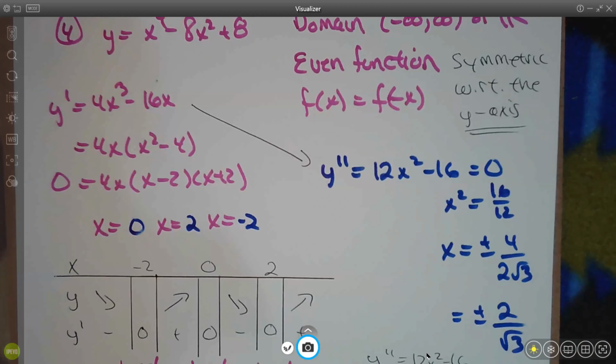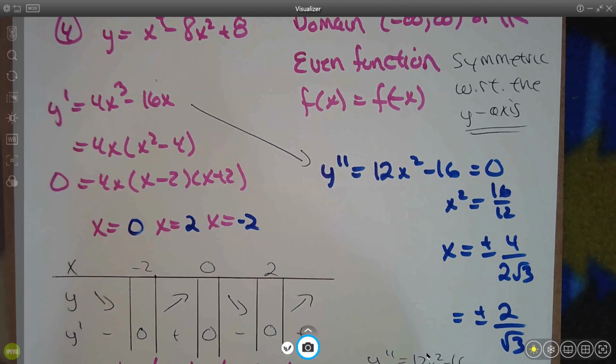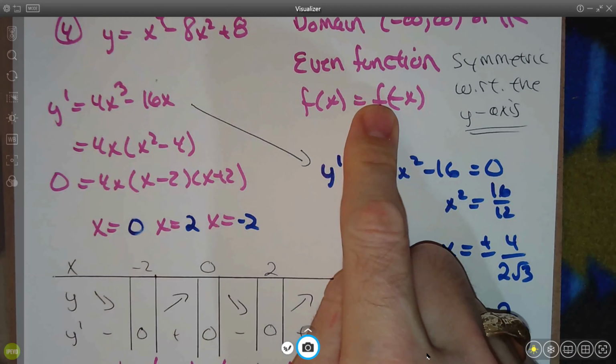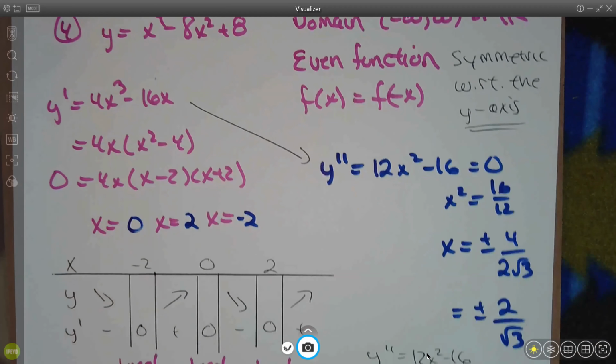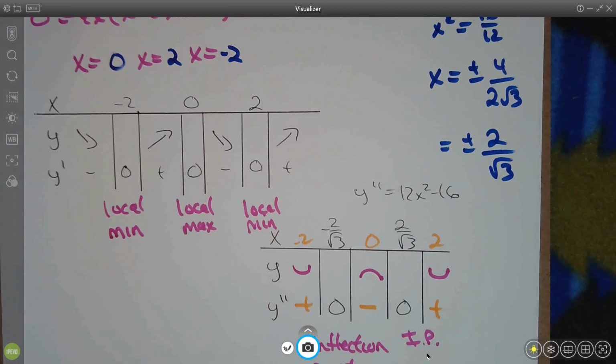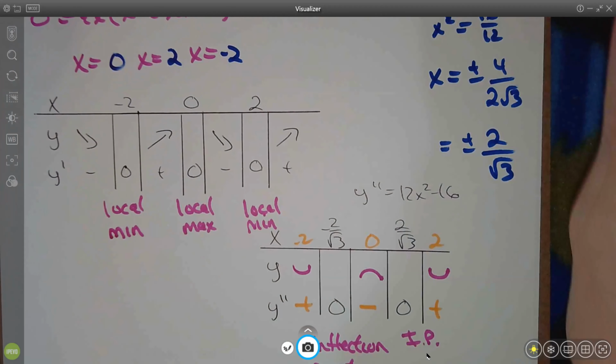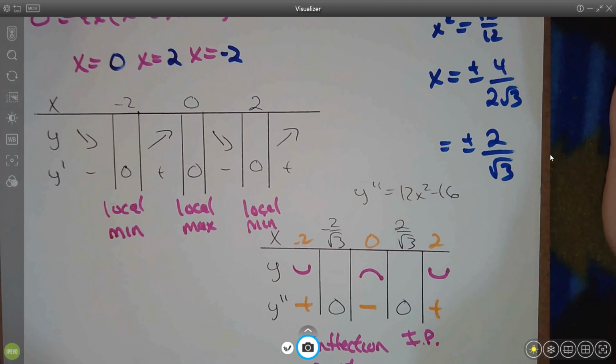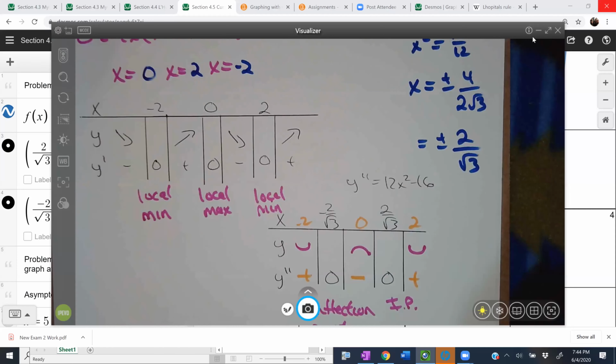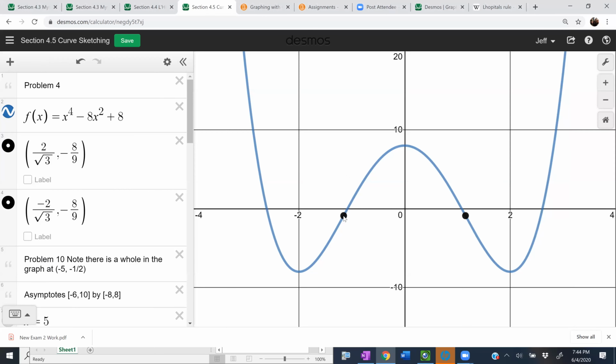To see how all the things we brought together in all our math courses, domain, even function, derivatives, second derivatives, inflection points, all those things are coming together to help paint a really solid picture of what that graph looks like. I mean, a picture's worth 1,000 words, and it's nice that we can graph it on our graphing calculator or Desmos, but what those technologies won't find for you is what we found, and that is things like the inflection points here and here. So, anything else about this?